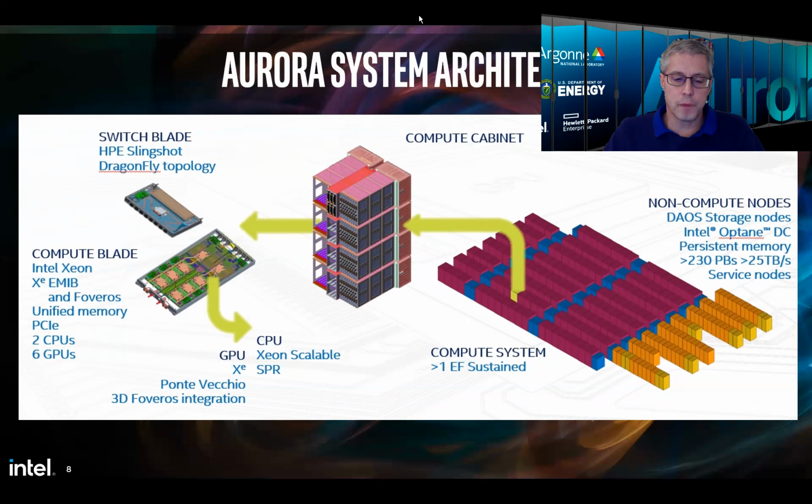The Xeon is part of the Xeon Scalable line, and it's a Sapphire Rapids based processor. There are 2 of those per node, and then there are 6 of the Ponte Vecchio GPUs, and as was depicted on the figure in the previous chart, they are all interconnected, the GPUs that is to say. So it provides the ability to exchange data rapidly without the CPU needing to be involved.